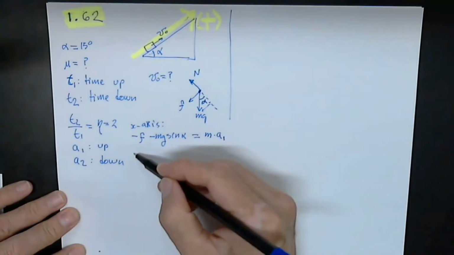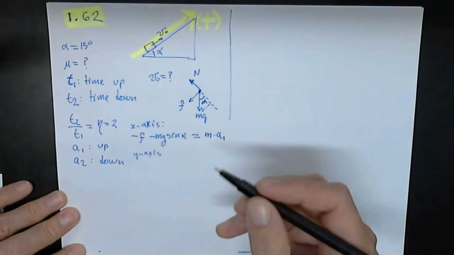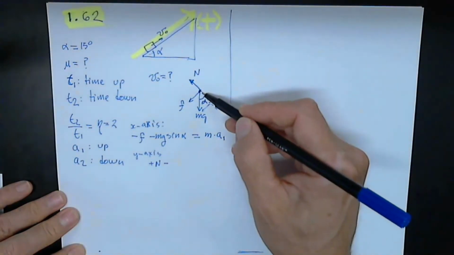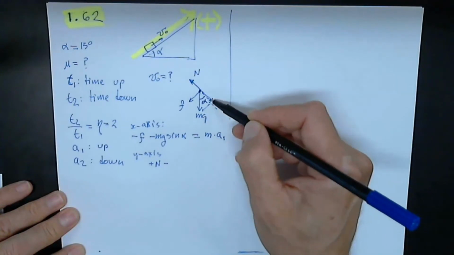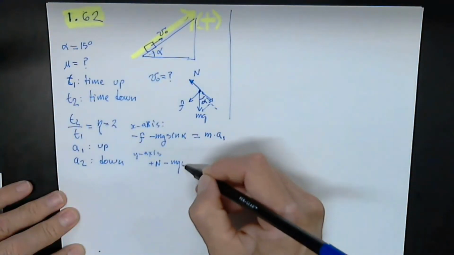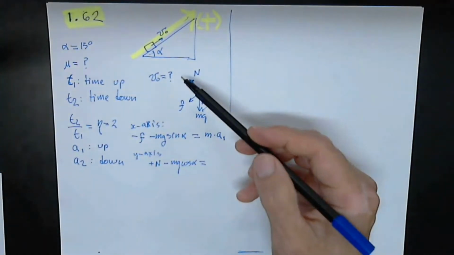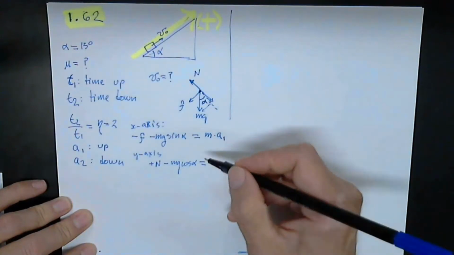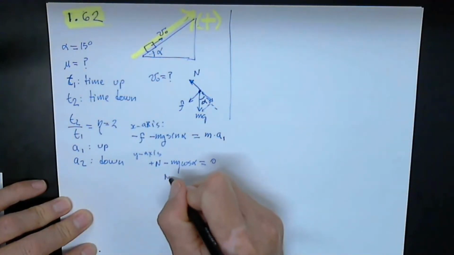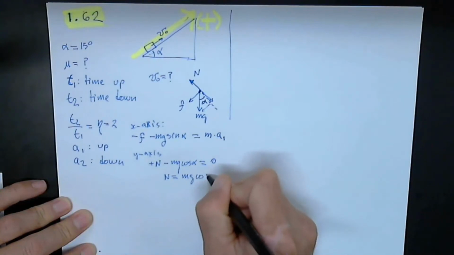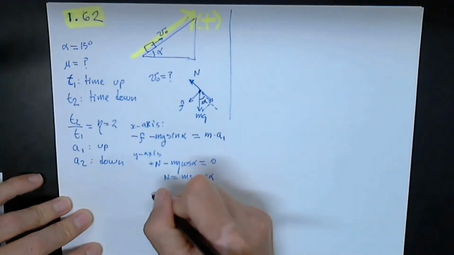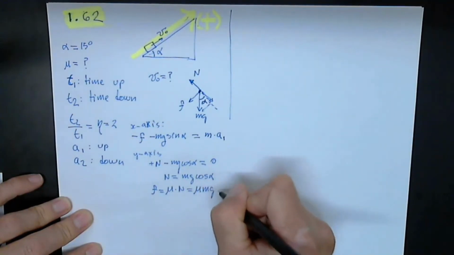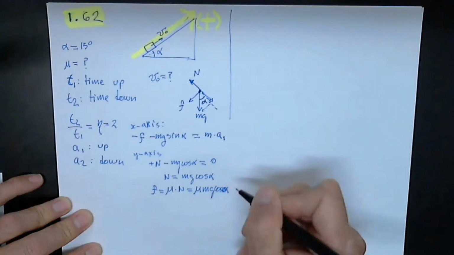In the y-axis, we have N positive, and this component mg cosine of alpha. And the object is not flying up or sinking into the plane, so this is 0. So the normal force is mg cosine of alpha. So the friction is mu times N, so it's mu mg cosine of alpha.